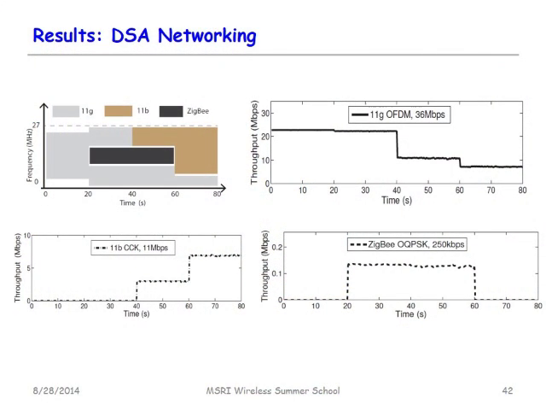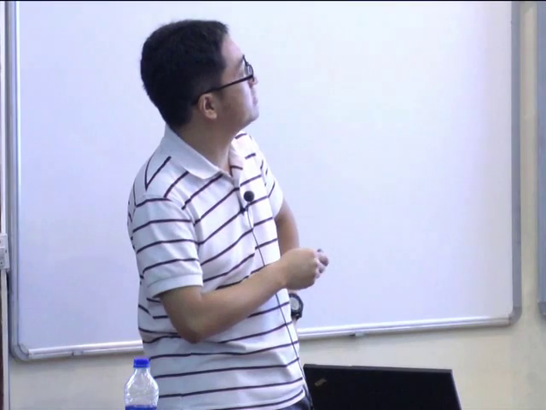This is just a simple setup of a DSA network. We have an 802.11g link transmitting. During the transmission, a Zigbee kicks in at 20 seconds, then at 40 seconds an 11B kicks in.